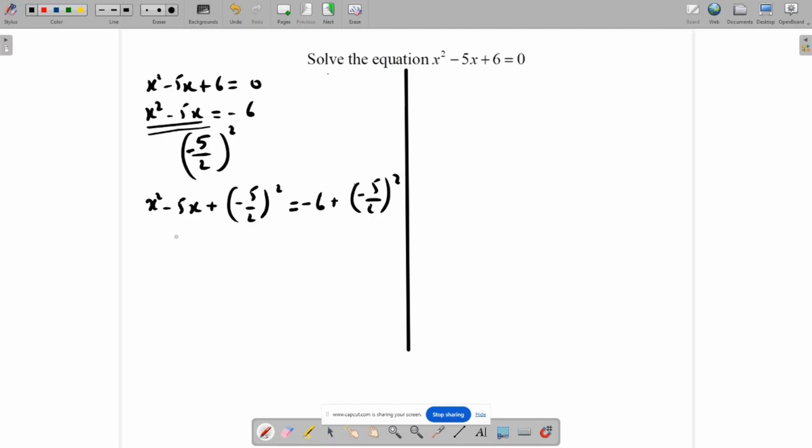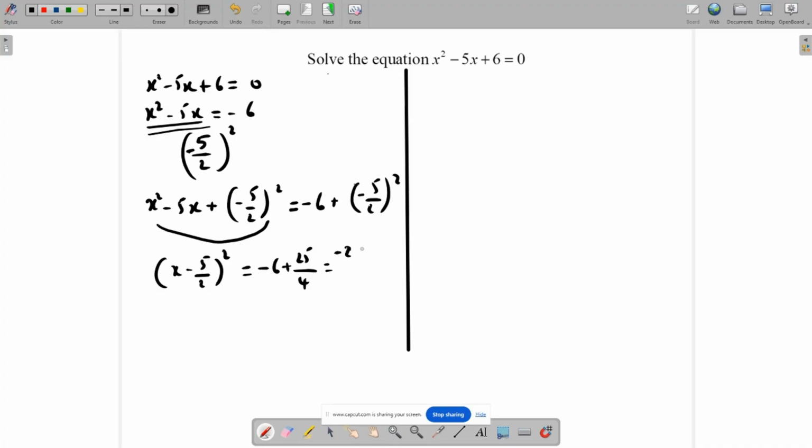Here we will notice that this expression gives us x minus 5 divided by 2, all squared, and this one will give us minus 6 plus 25 divided by 4.